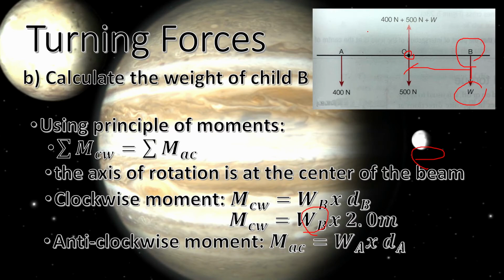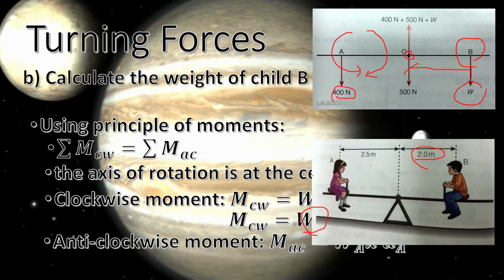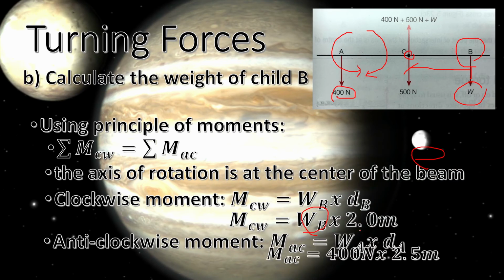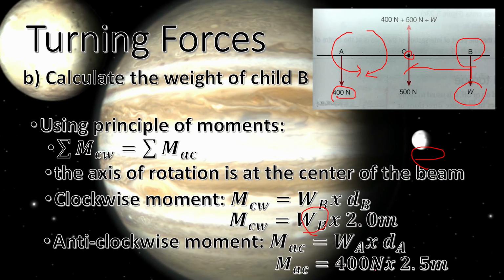Then we solve for the anti-clockwise. Again, clockwise is the direction going like that, and anti-clockwise is the direction going this way. So the anti-clockwise moment is the weight of the girl, WA, times the distance. The weight of the girl is given as 400 newtons, and the distance is 2.5 meters. So we substitute everything, and you will have 400 newtons times 2.5.